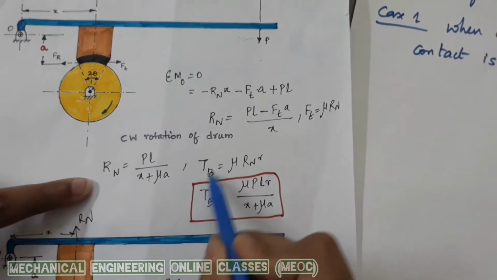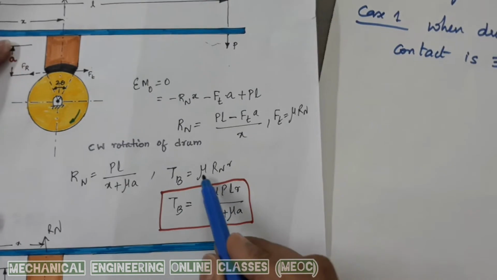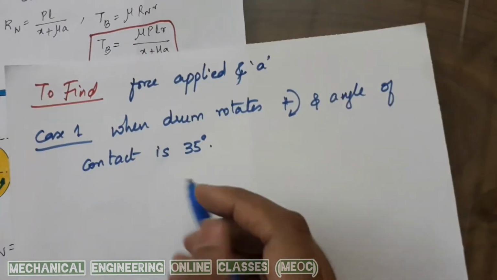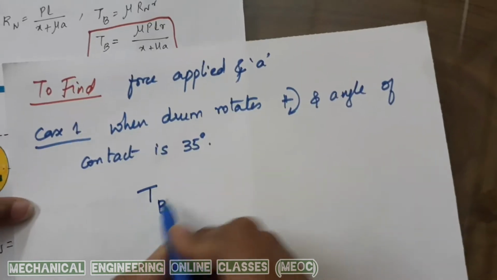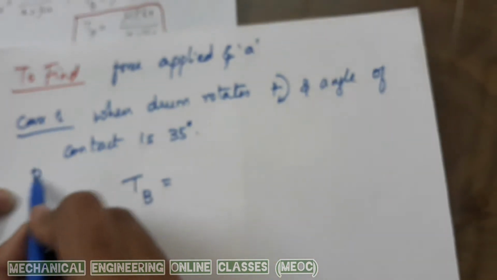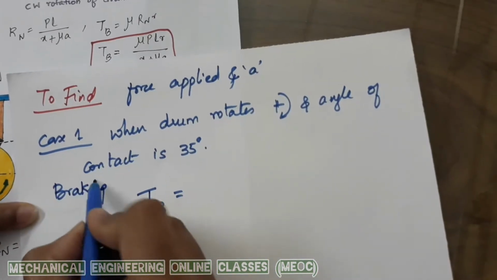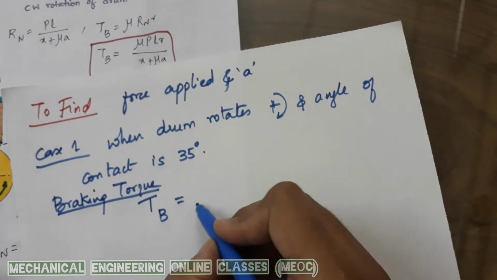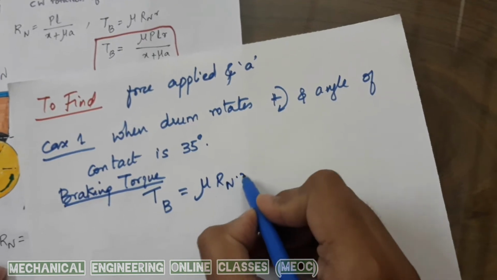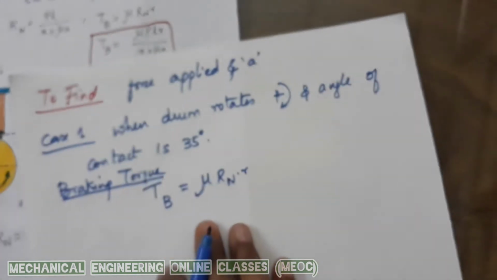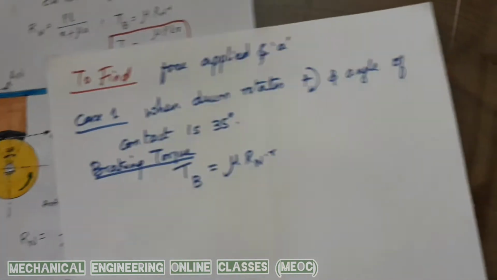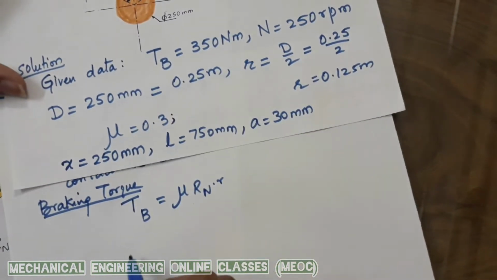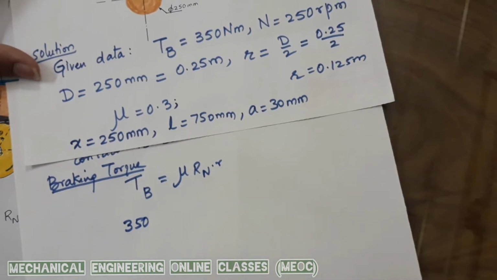Then the braking torque is given as mu Rn into r. So I'm using the same formula. Braking torque TB is equal to mu Rn r. Now from the given data we know TB as 350 Newton meter.